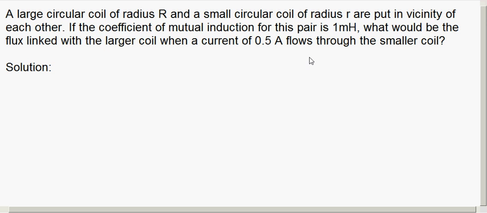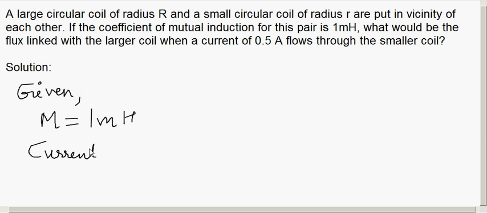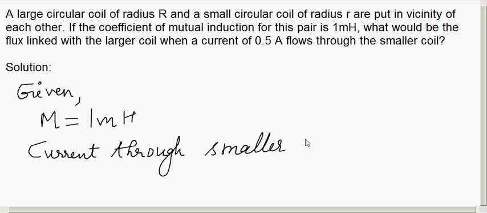Now, first list out the given quantities. Given: mutual inductance M for both the coils is 1 millihenry. Also given, the current through the smaller coil I1 is 0.5 ampere.